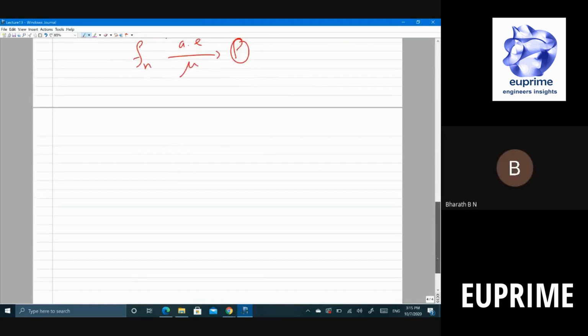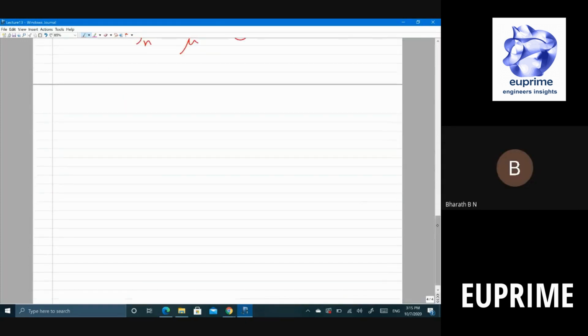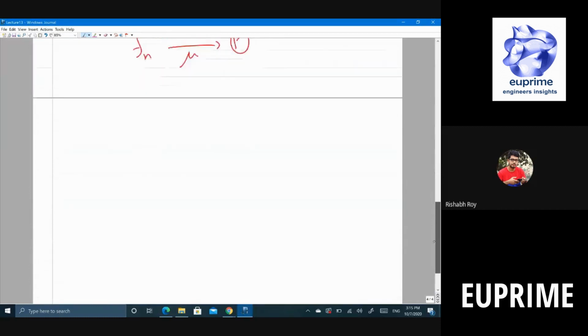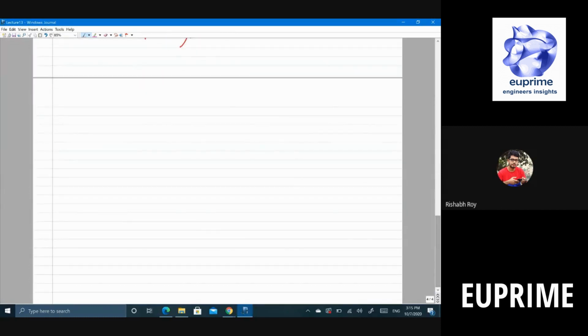Now, this is point-wise convergence. Well, strictly speaking, it's almost everywhere. The subtle difference here is that it doesn't converge point-wise at a point or on a set whose measure is 0. Then sir, point-wise means like in every point, for the domain of the function, for every point it will converge.